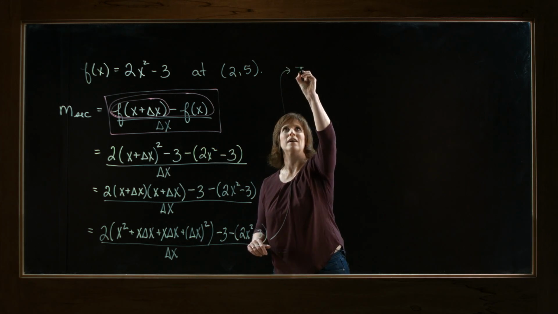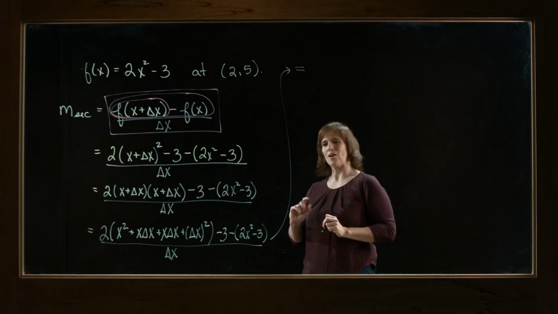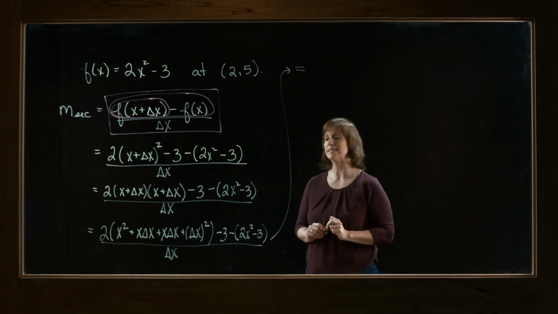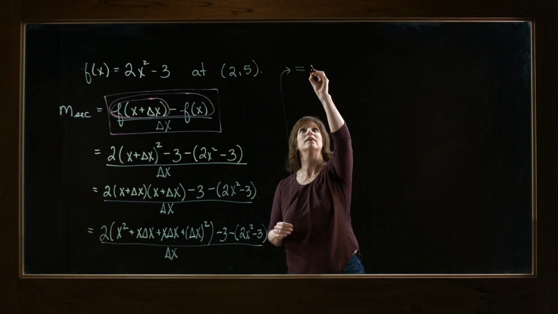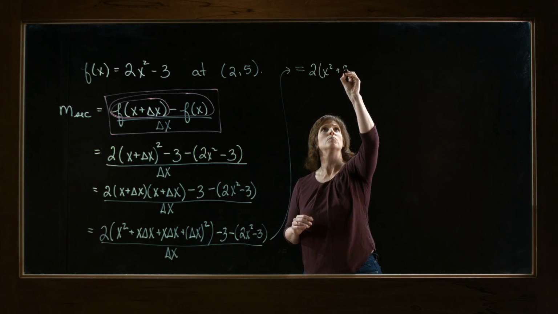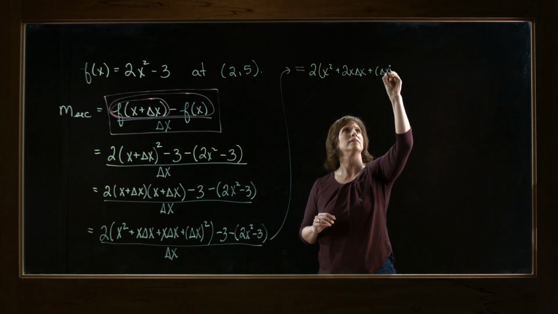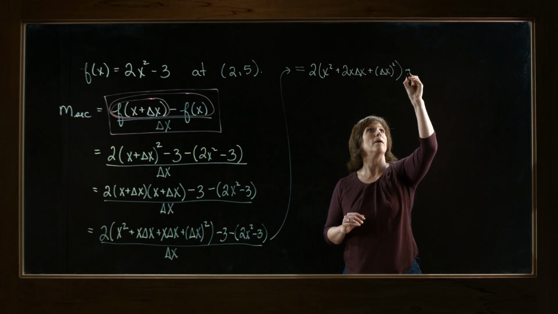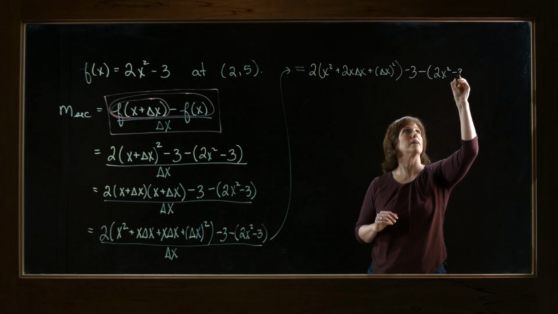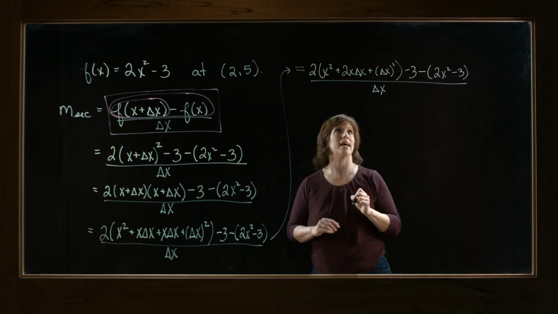More algebra. Before I distribute, I'm going to notice that I have two terms here that are exactly the same. So I'm going to combine them. So I'll have 2 times the quantity x squared plus 2x delta x plus delta x squared minus 3 minus the quantity 2x squared minus 3 all over delta x.